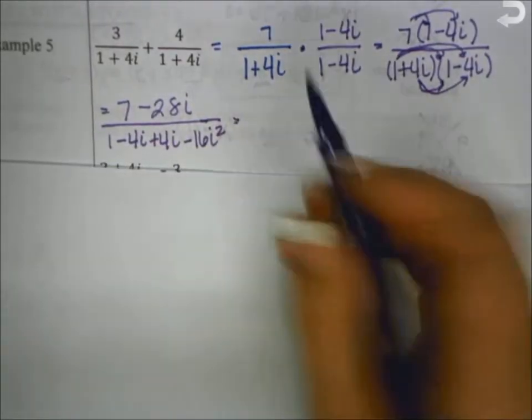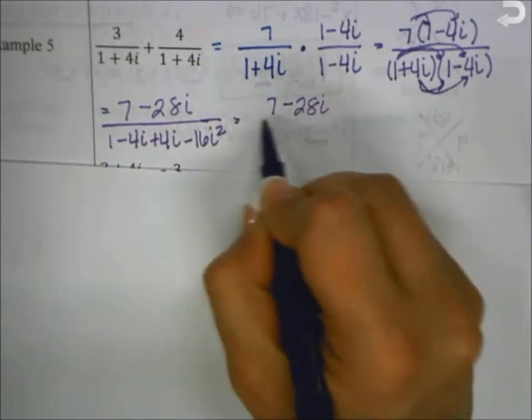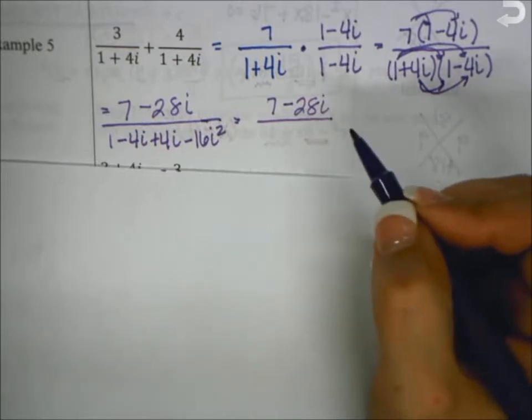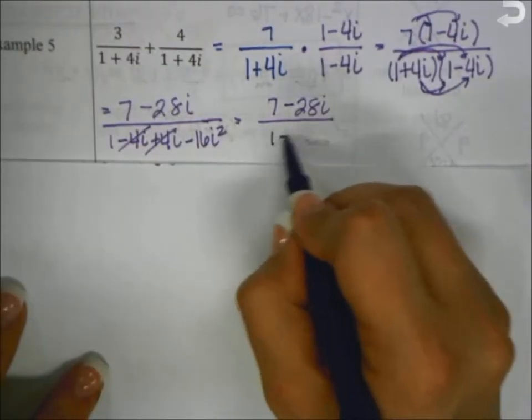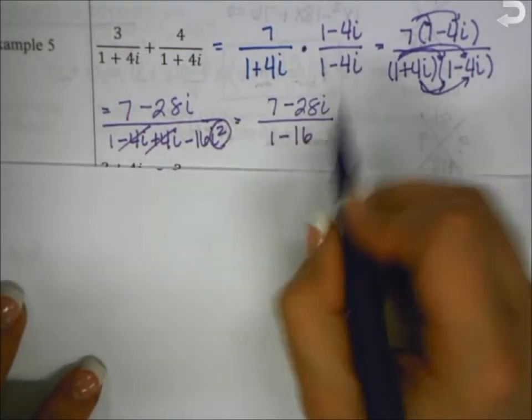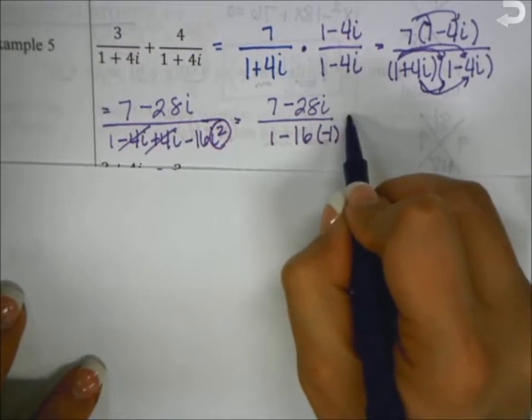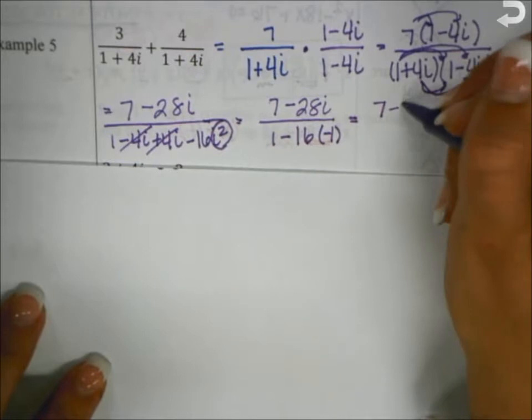i squared turns into what? Negative 1. So that's going to give me 7 minus 28i all over 1 plus 16. So what does that give me? 7 minus 28i all over 17.